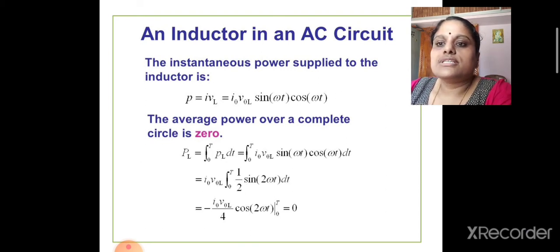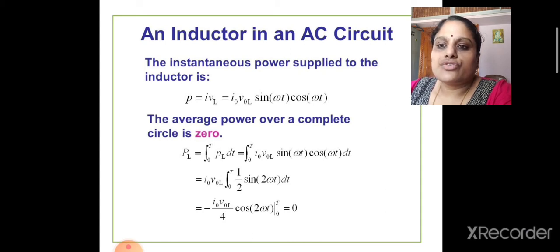We know sin 2 theta equals 2 sin theta cos theta. So replacing sin theta cos theta by sin 2 theta by 2, we get PL equals V0 I0 integral sin 2 omega t by 2 dt.